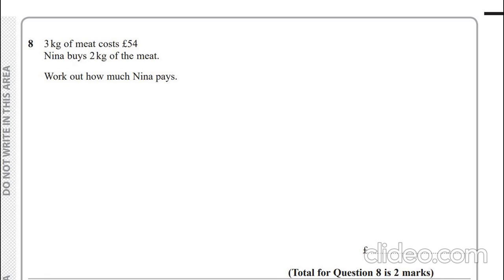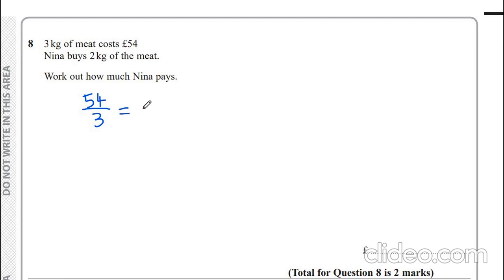Three kg of meat costs £54. Nina buys 2 kg of meat. How much does she pay? Well, how much is the cost of 1 kg?